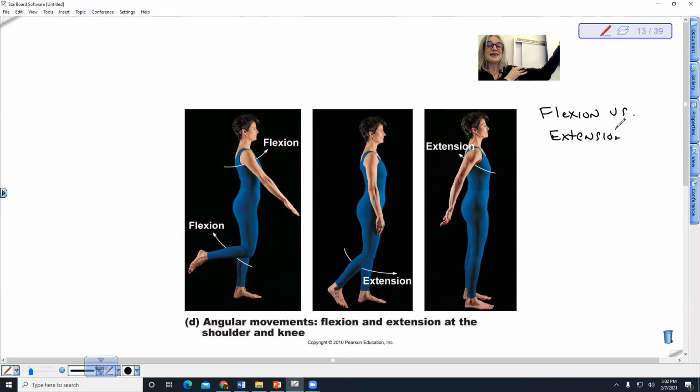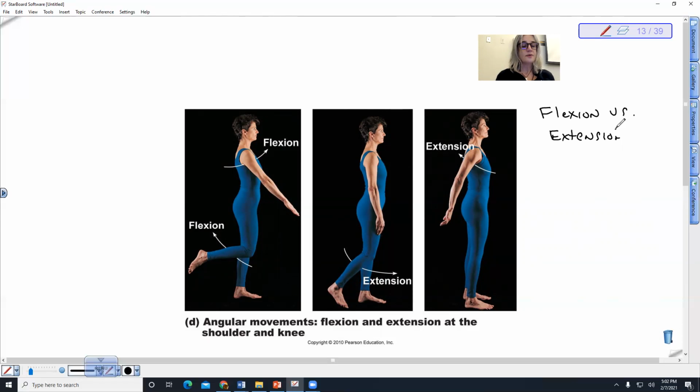I'm increasing it, and then I have fully extended it. Now, if I go beyond 180, then that is hyperextension, and you don't want to hyperextend your elbow because that could damage the ligaments and the tendons, right? So flexion, extension, and then hyperextension. Now, when you're talking about flexion and extension, you want to talk about at what joint we are talking about.